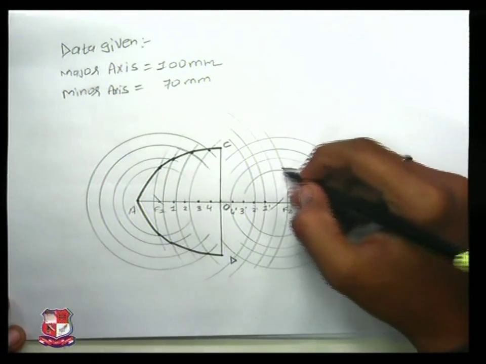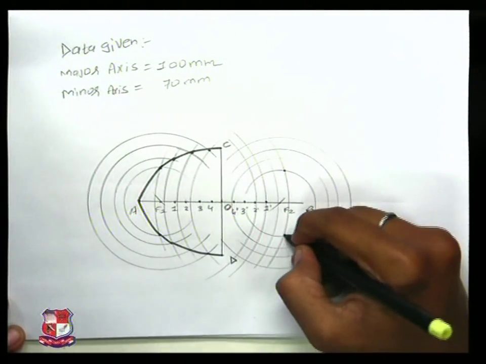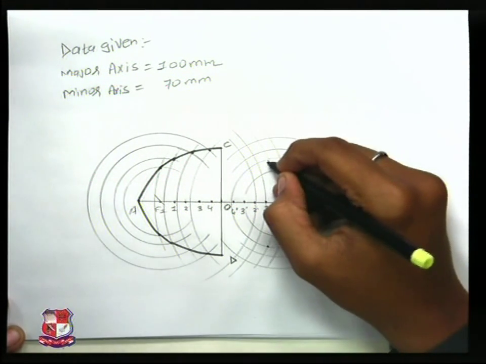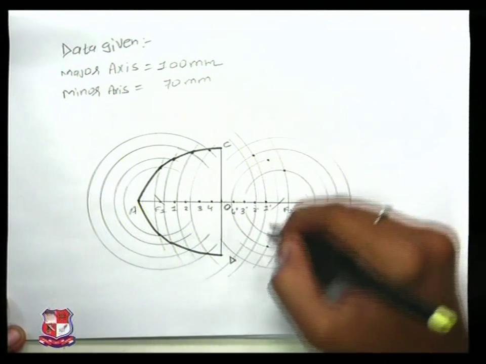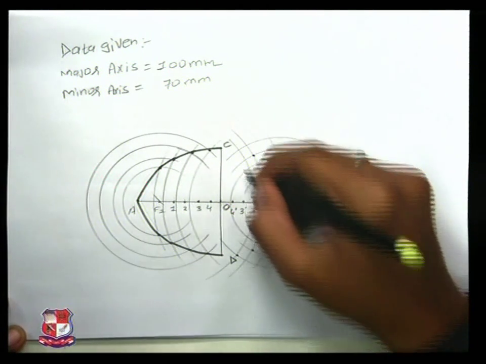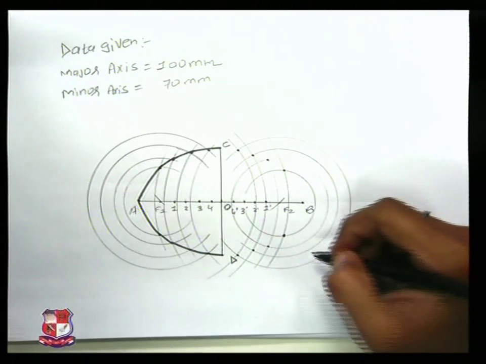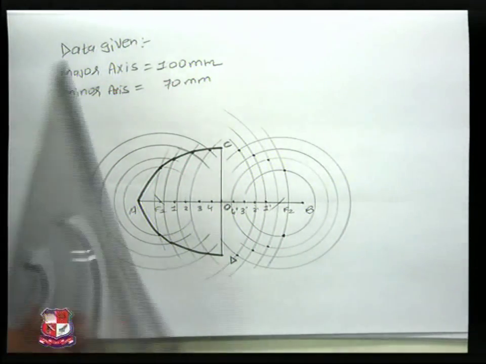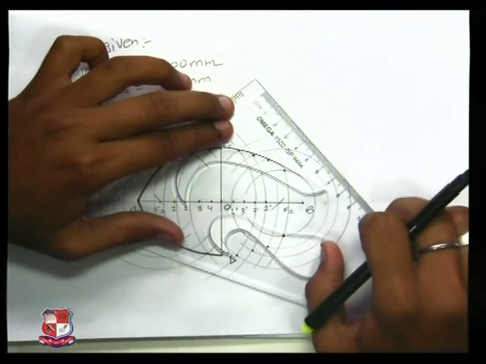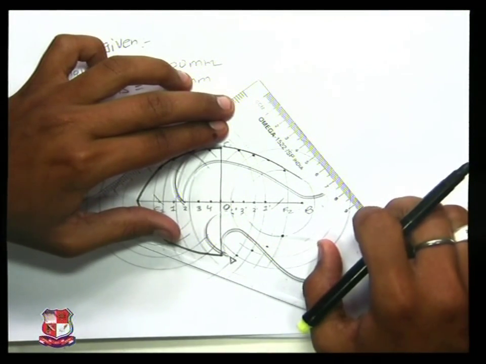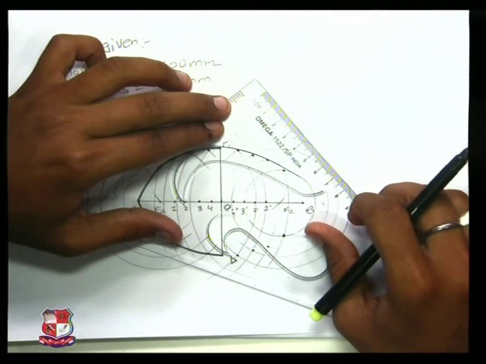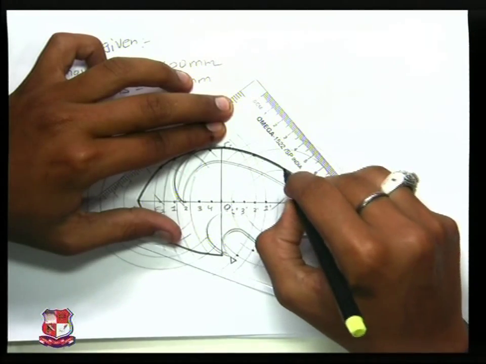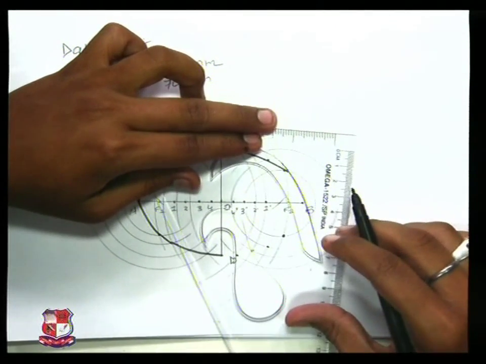Point out the intersecting arcs. These are the intersecting points which we need to join using the French curve, and we will get the desired ellipse.